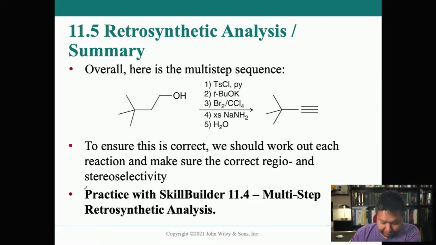There we go. Okay. So overall, here is the multi-step sequence. Beginning with this alcohol, we do the pyridine with the tosyl chloride, then a bulky base, tert-butoxide.